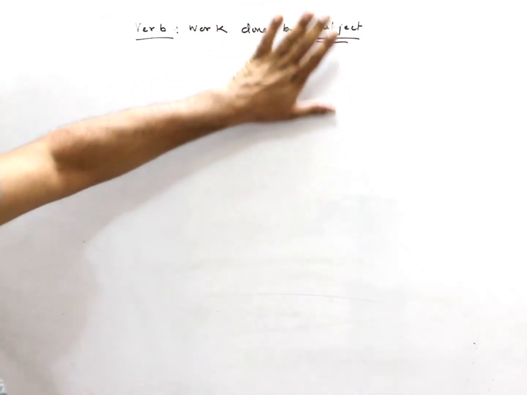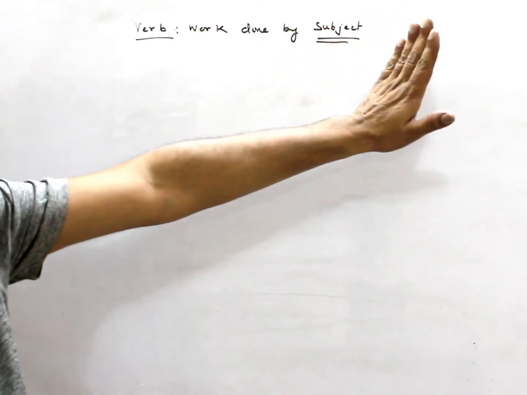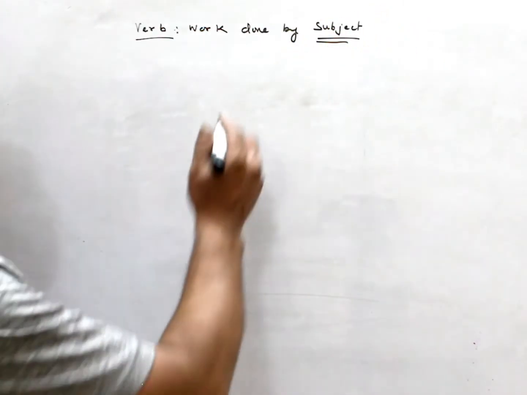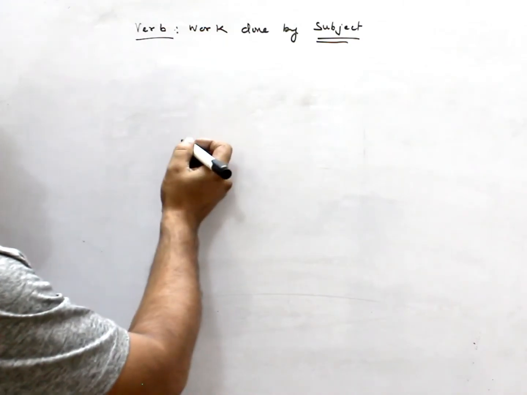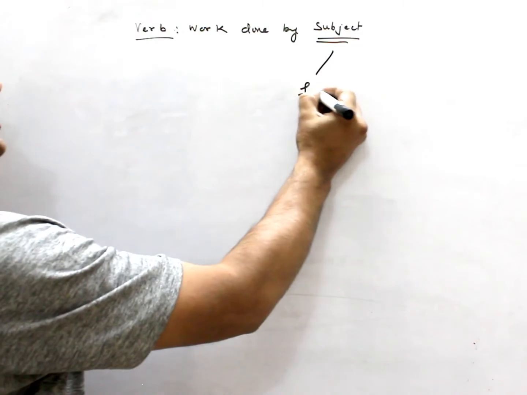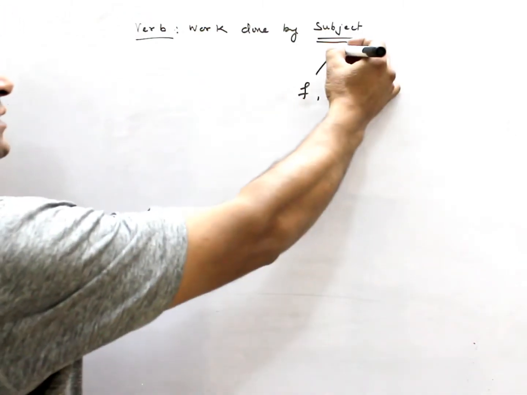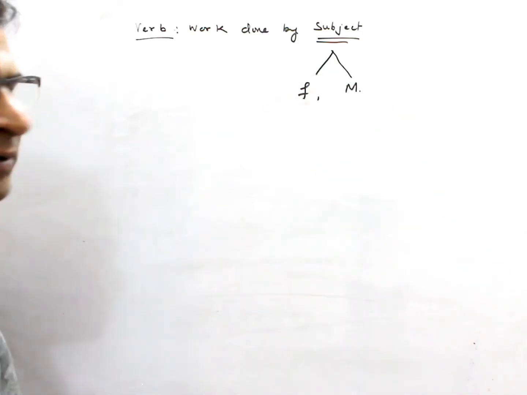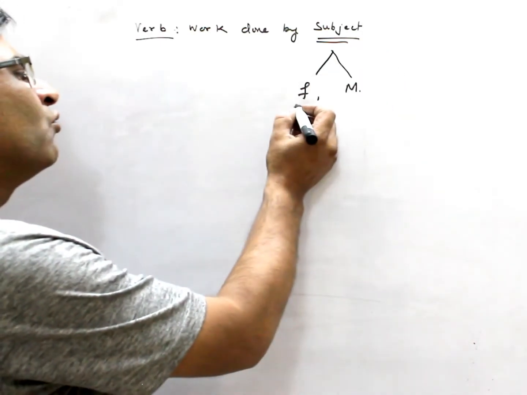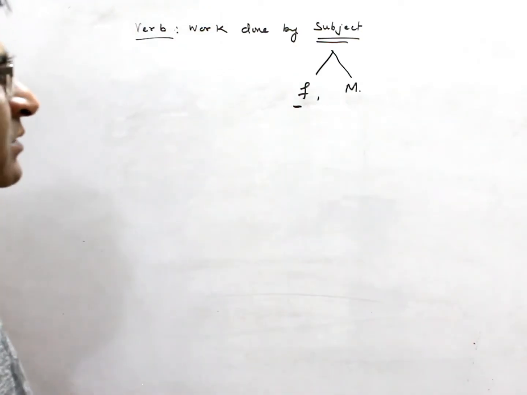In Latin, there are 5 types of subject, but today we take 2 types: female and male subject. So, how do we identify the female subject and the male subject?